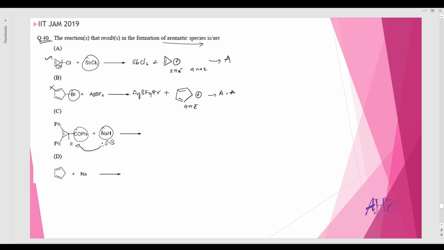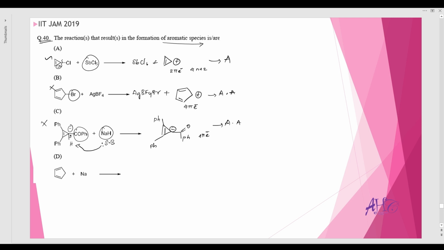So hydrogen abstract பண்ணா என்ன ஆகும், you will get a carbanion. So you will have your group like this. Okay, here you will have a carbanion and then you have your phenyl group. So இங்க வந்து எத்தனை pi electrons இருக்கு, here you have 4 pi electrons. 4 pi electrons இருந்தா என்ன, this is again going to be anti aromatic. So C is also wrong.